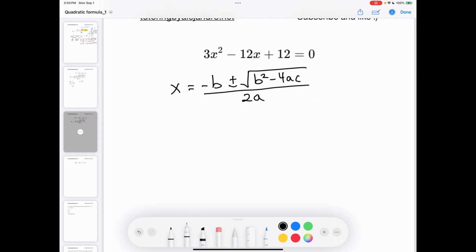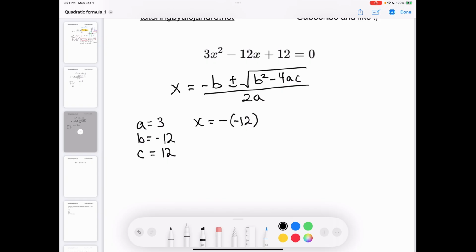Okay, so now we have 3x squared minus 12x plus 12 equals 0. In this case, a is equal to 3, again, because it's accompanying the x squared. B is equal to negative 12 because it's with the x. And then we have c is equal to positive 12. So plugging that in will give us, again, you have minus, from the formula, and then you have b, which is negative 12.